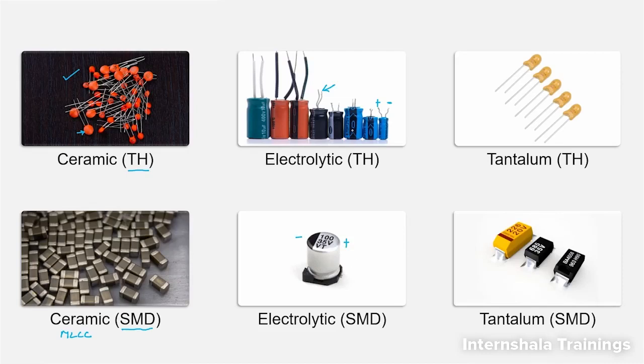In the same way, in this electrolytic through-hole capacitor, this one is the negative terminal. So black marking or this gray marking, all these markings indicate that that's the negative terminal of the capacitor, and the adjacent terminal is going to be the positive terminal of the capacitor.